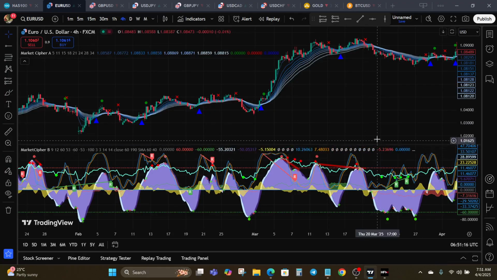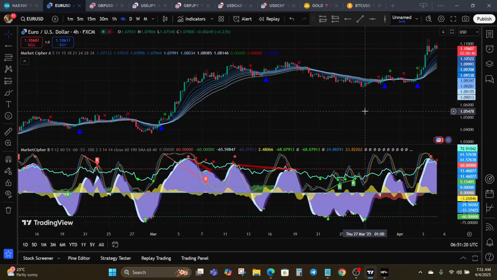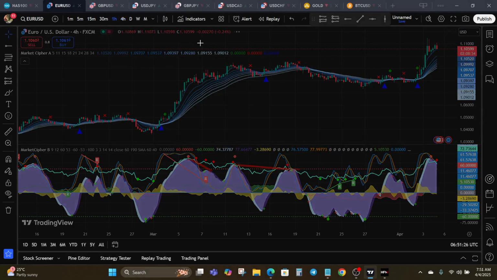So how do we trade using both? The first step is to look for confluence. Confluence is a necessity. All right?